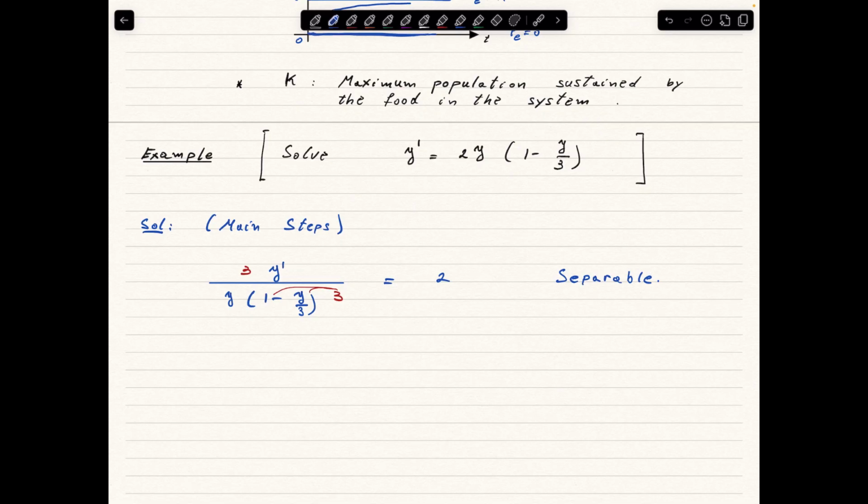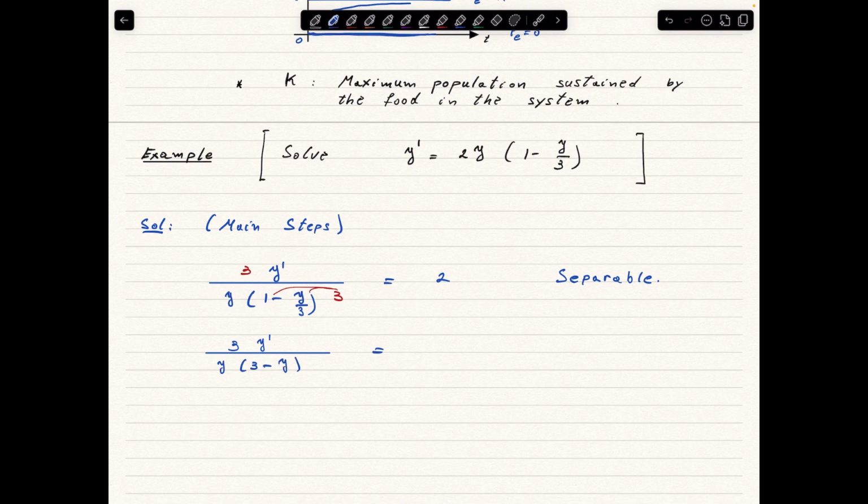So this is going to be the same as something like 3 y prime. I don't like to work with fractions if I can avoid it. Let's move it a little bit higher, nicer. And then here we have a y, and then we have 3 minus y.